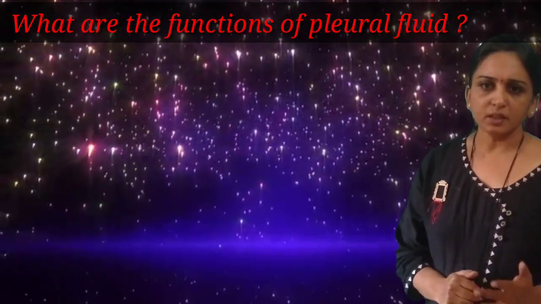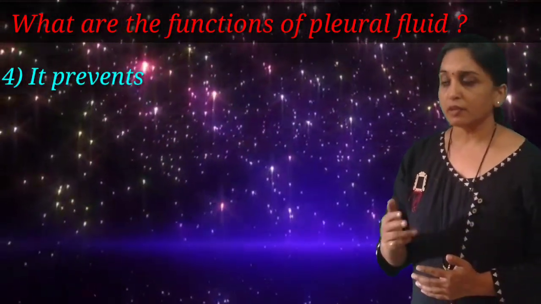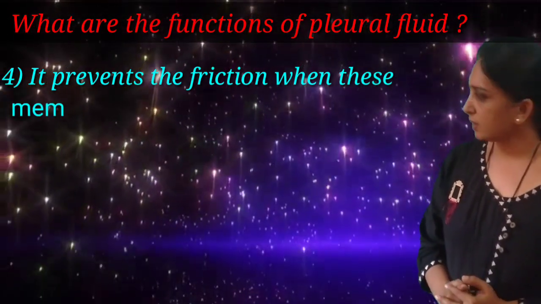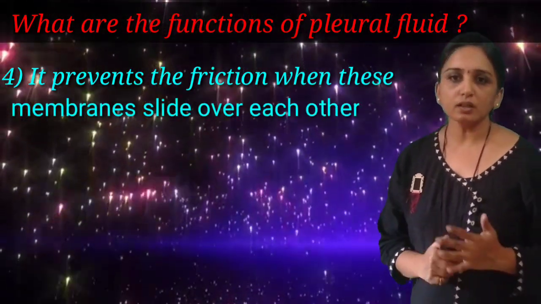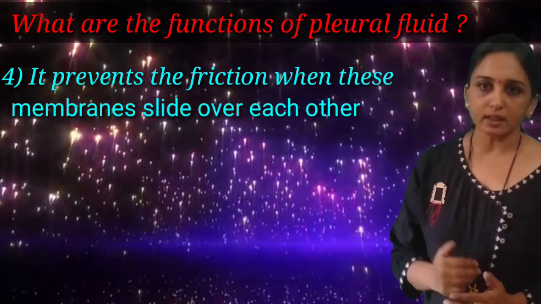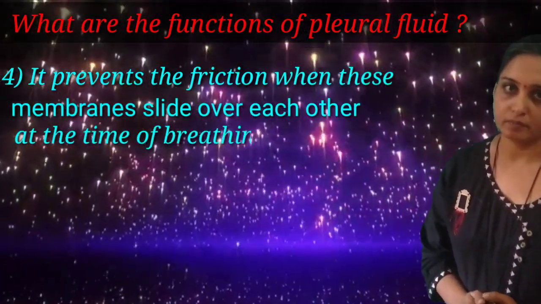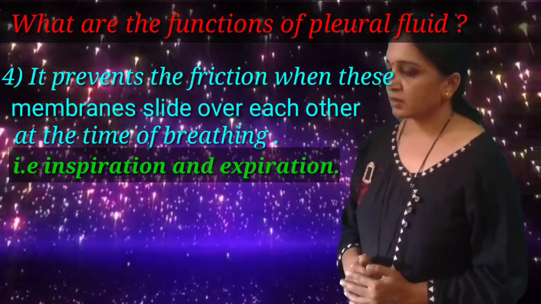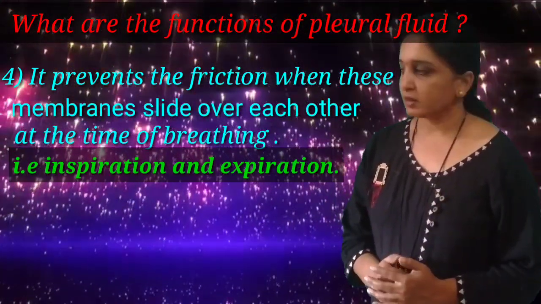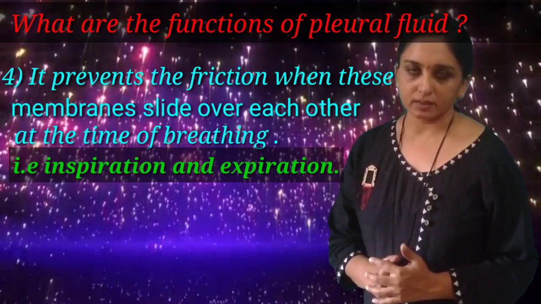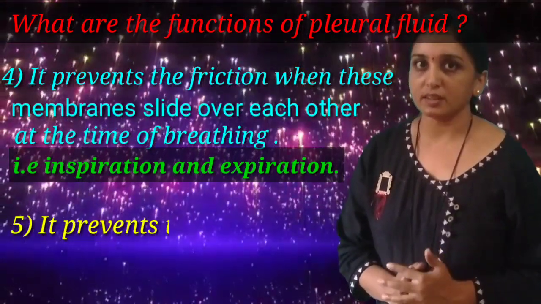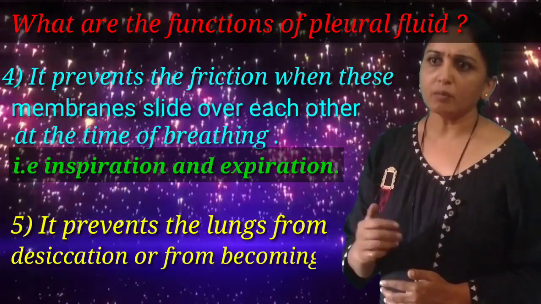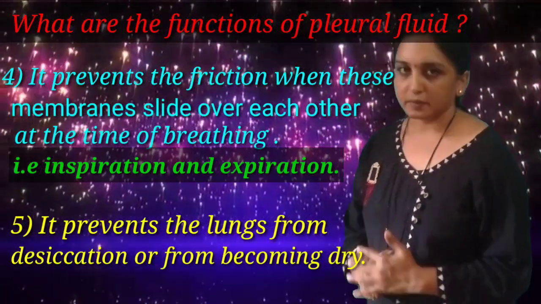Next, it prevents the friction when the membranes slide over each other at the time of breathing, that is inspiration, expiration. And last, it prevents the lungs from desiccation or from becoming dry.